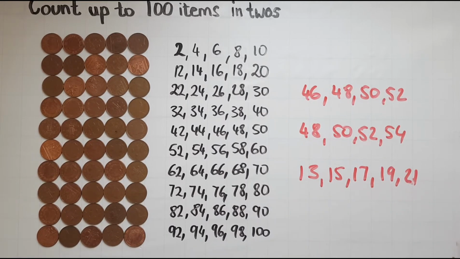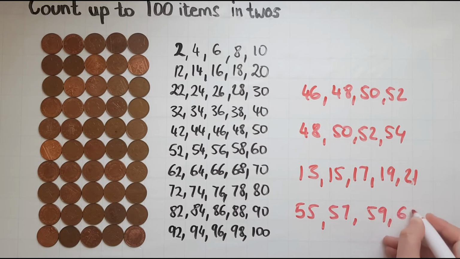So let's do another one of these. We've got 55, then we'll go to 57, 59, 61. So you should be able to pick up from any point really in numbers up to 100.